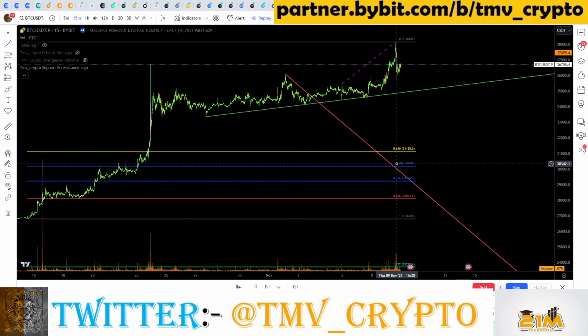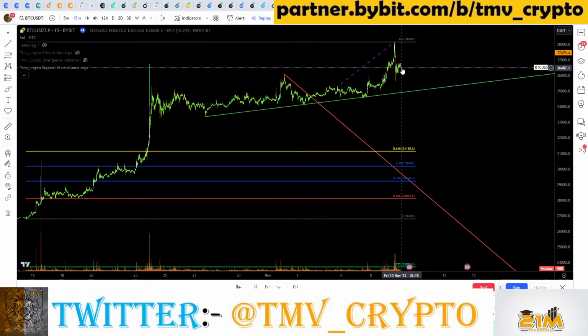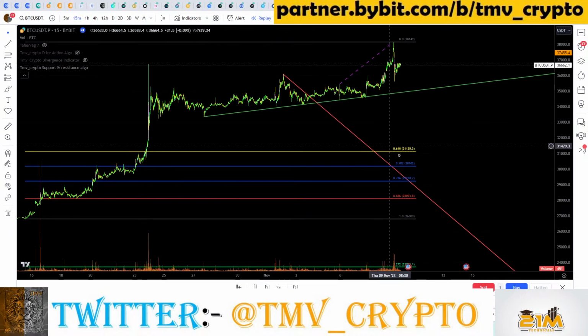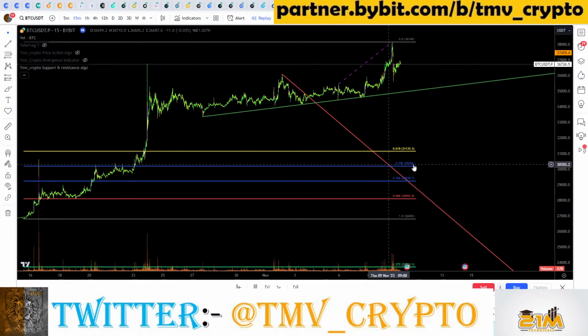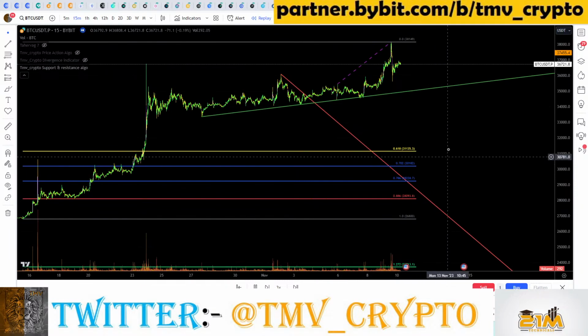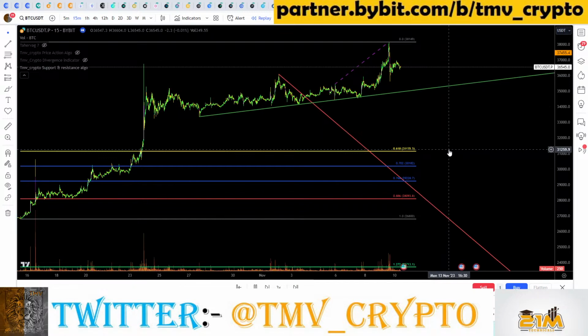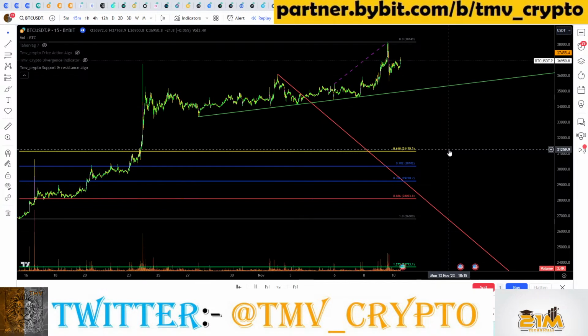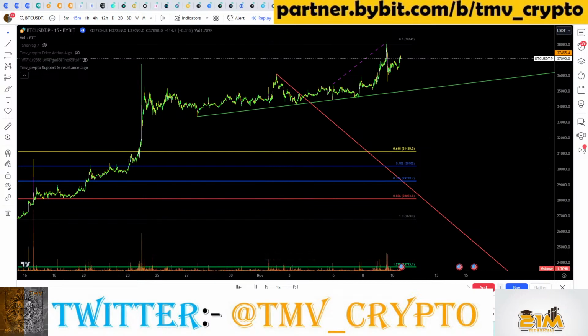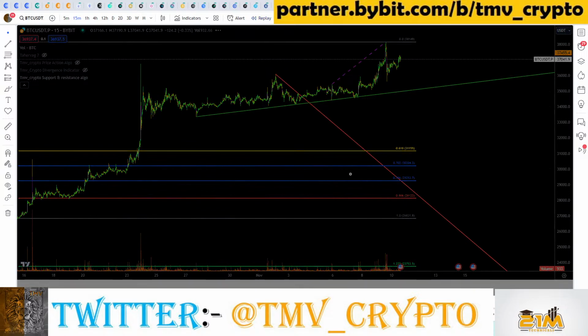We are very bullish at this point, because the golden pocket zone and the liquidity pool have been shifting upward, giving us very little space on the higher time frame to dump. So the price is very bullish.